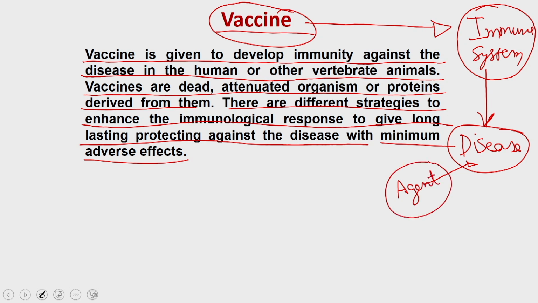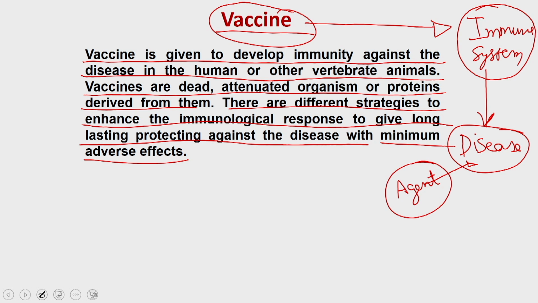So, the purpose of a vaccine is that it gives you a long term immune response, and that immune response gives you some kind of protection against these disease-causing agents.